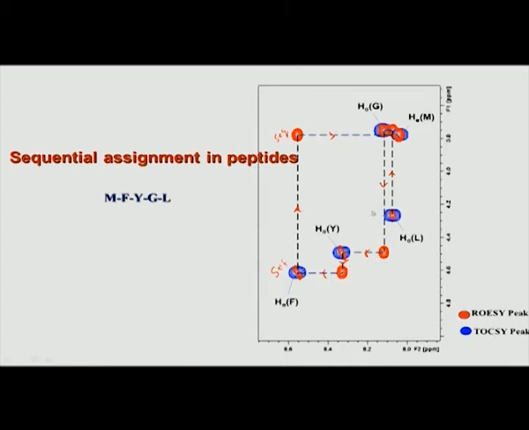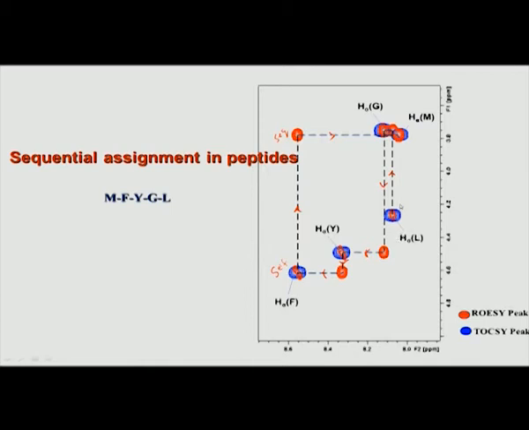Now, what you do next is take the value observed in your peptide and subtract the random coil value for that amino acid. For example, if you are looking at leucine, you subtract the random coil H alpha value of leucine available in the database from the H alpha of the leucine in your peptide, which here is 4.23.